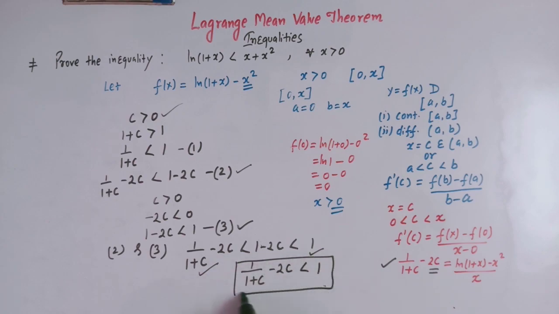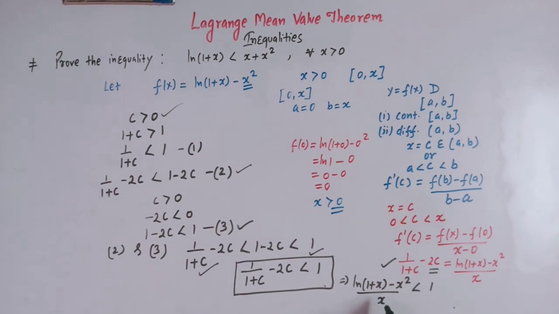So this is an important inequality here, right? Now 1 over 1 plus c minus 2c is equal to log of 1 plus x minus x square over x. So we can substitute it here. So we have log of 1 plus x minus x square over x should be less than 1, right?